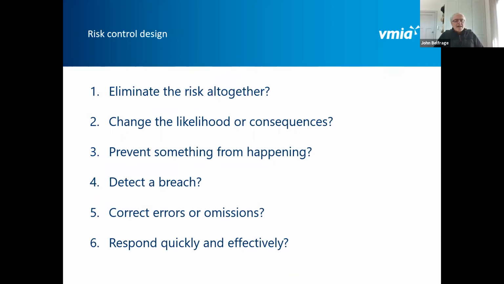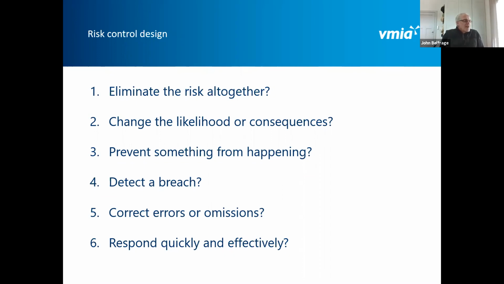So, clearly, the design of a control is really important to make sure that it is fit for purpose. So, some questions here. Is the design meant to eliminate the risk altogether? My maternity services example is a case in point. Is it designed to change the likelihood or consequences? Is it meant to prevent something from happening? Is it meant to detect a breach, for instance, incompatibility warnings as an example in electronic medication prescribing software?